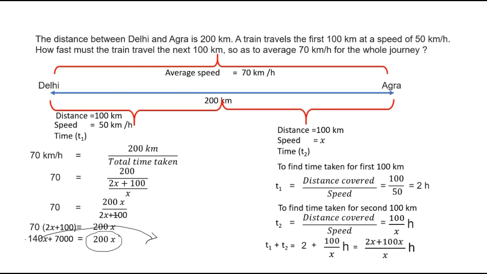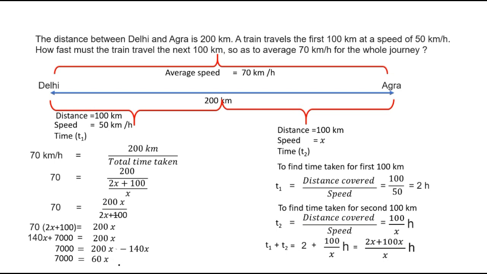But this becomes minus, so it becomes 200x minus 140x, and what is left here is 7000. Now you can subtract: 140x out of 200x, so it becomes 60x.